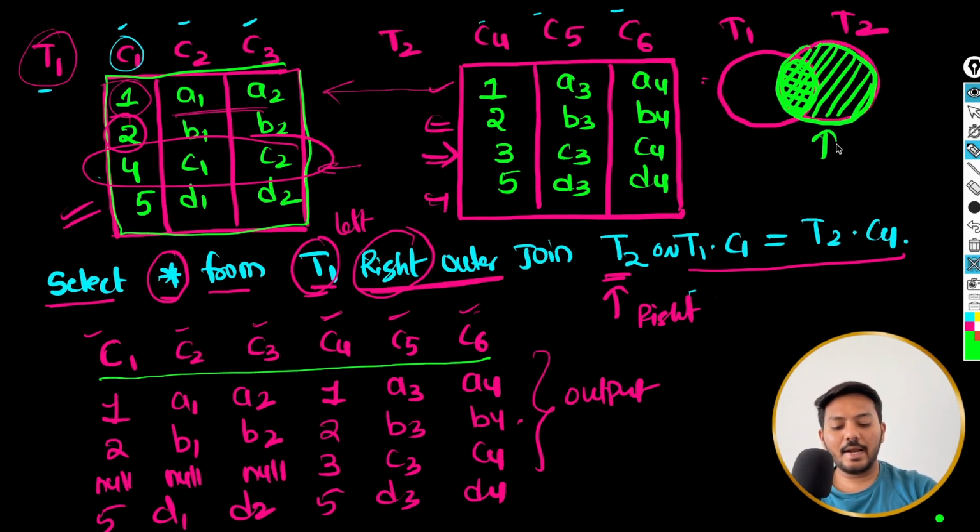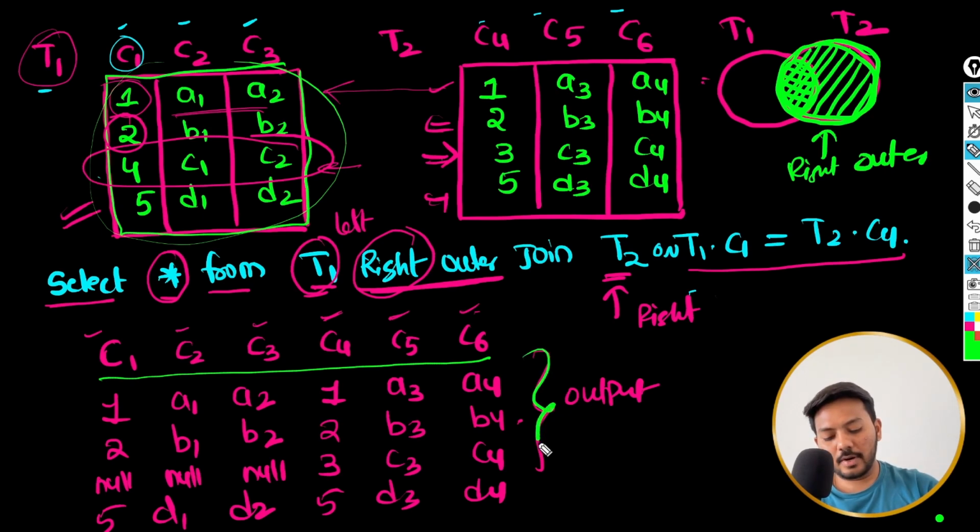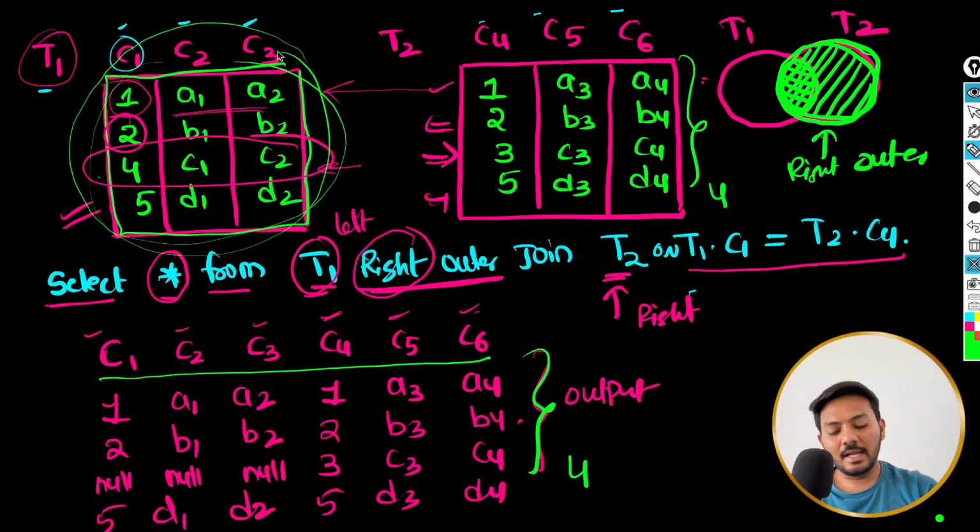So when I do right outer join, I'm going to get all the records from T2 and all the records which are common between T1 and T2. Hopefully that is clear. And if you look at the length of this output, which is 4 records, it is going to be the same as the right table. If there are more matching records in table 1, this length might vary, but you can do it as a sanity check. Hopefully that is clear, and we will understand full outer join in a bit.